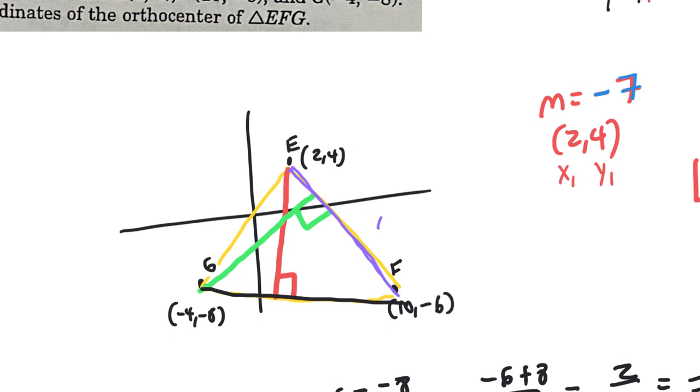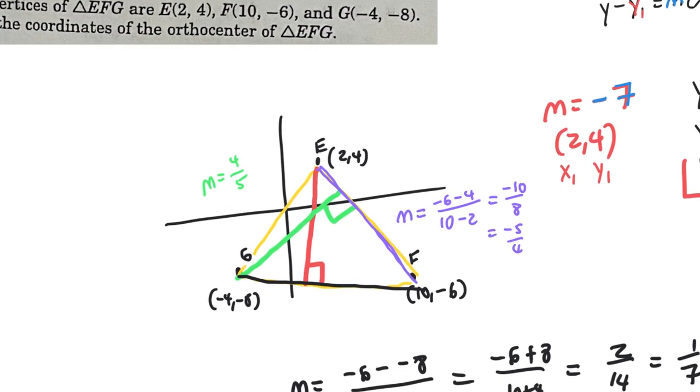So what is the slope of the purple line? That's -6 minus 4 all over 10 minus 2. That ends up being -10 over 8, aka -5 over 4. Therefore, what is the slope of the green line? The slope of the green altitude is +4 over 5.